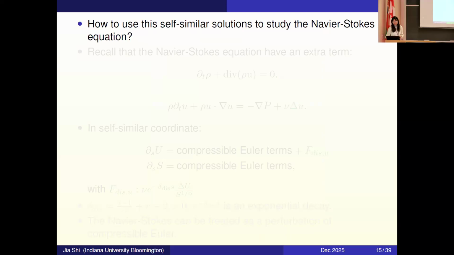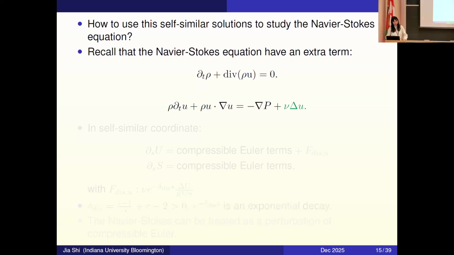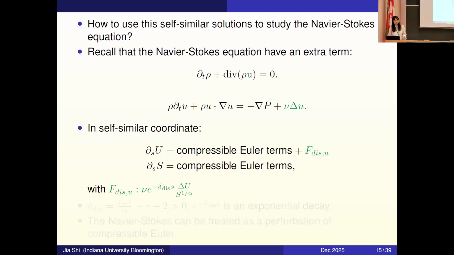And what about the Navier-Stokes equation? As we said, we want to use the compressible Euler equation to find the implosion for the Navier-Stokes equation. Notice that the Navier-Stokes equation will have an extra term, mu times Laplace u. The idea is that in the self-similar coordinate, this term should be negligible or have an exponential decay. If you write it in a self-similar coordinate, this extra term will pick up an extra exponential decay or exponential growth effect, like we marked in green here, this e to the negative delta dissipation s.